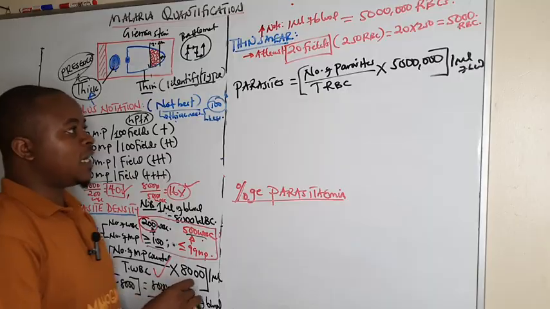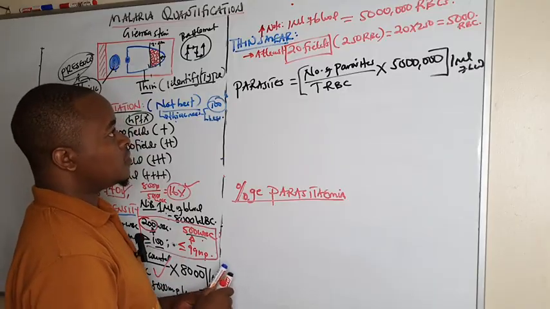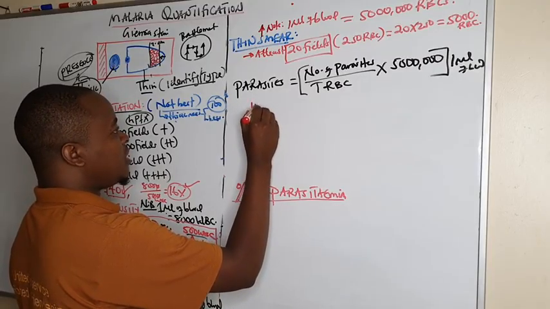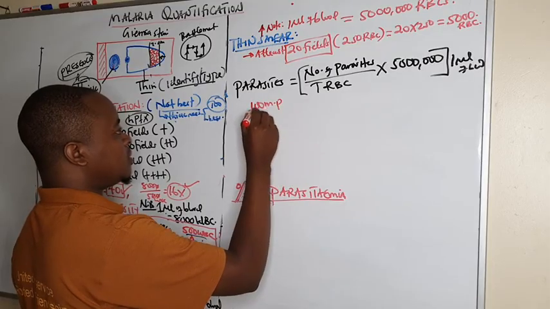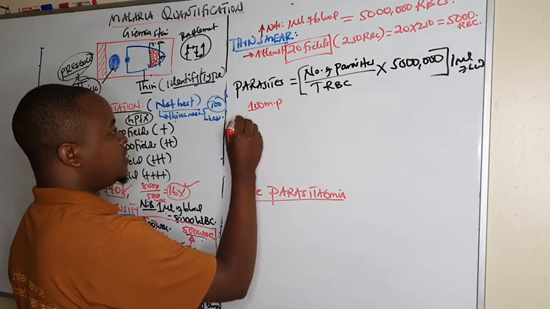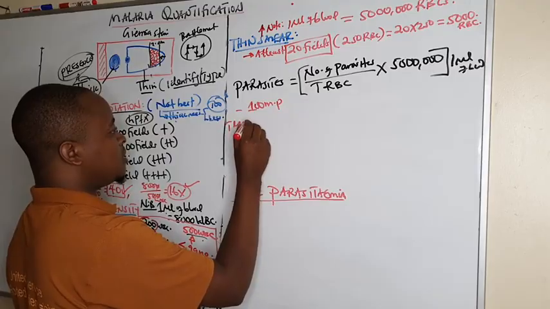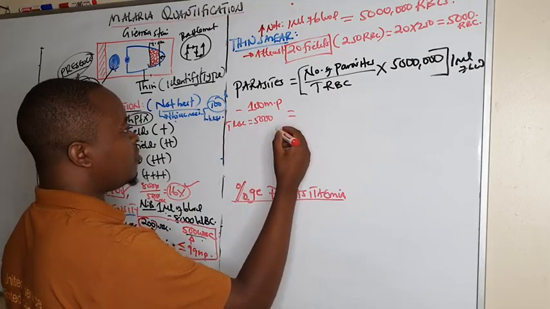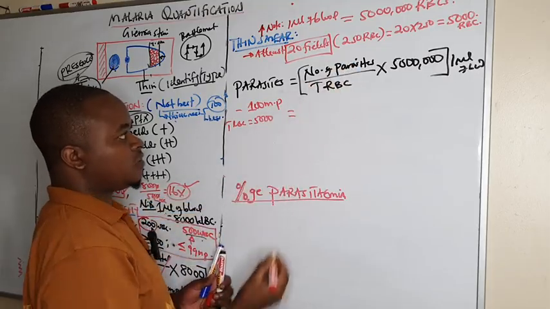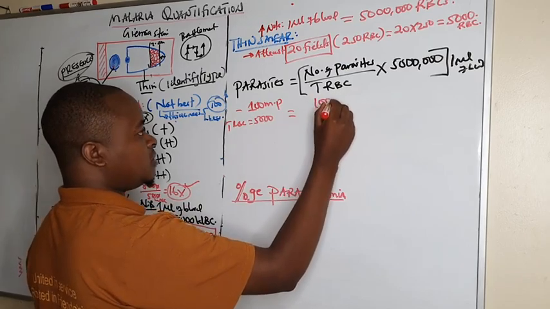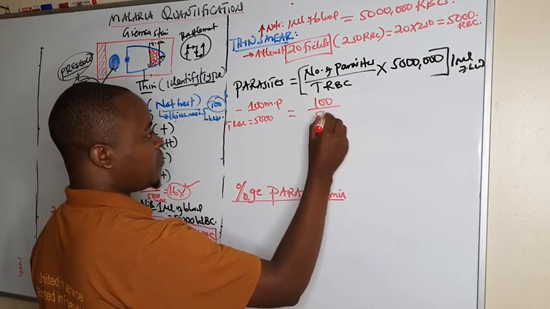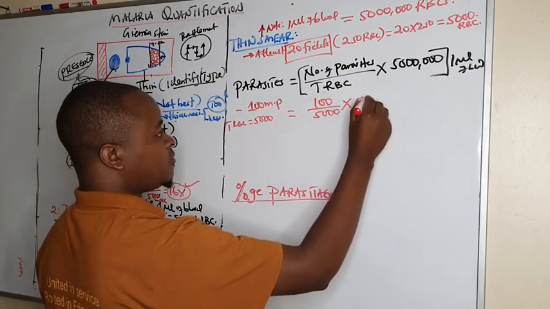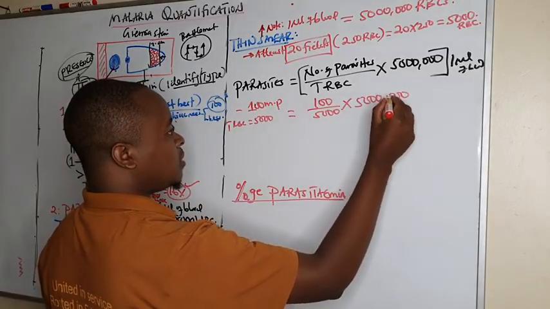So, for example, if I have counted 100 malaria parasites, and the total RBC count is approximated to be 5,000. So the number of malaria parasites, if I substitute in this formula, I get 100 divided by 5,000, which is the total RBC counted, times 5 million.